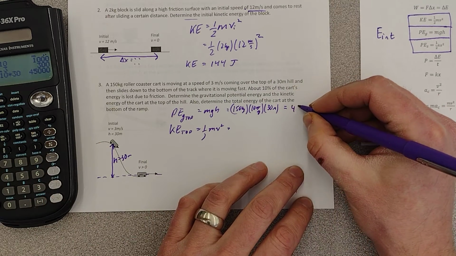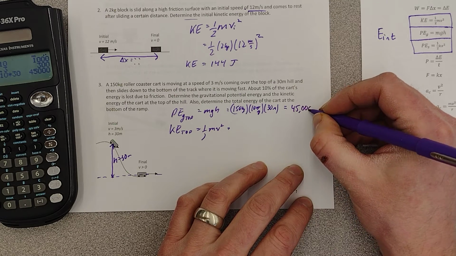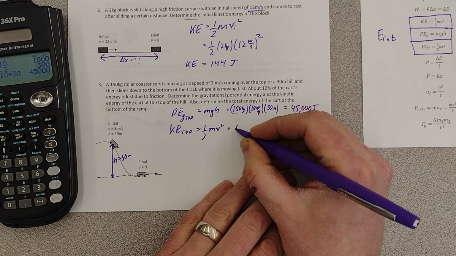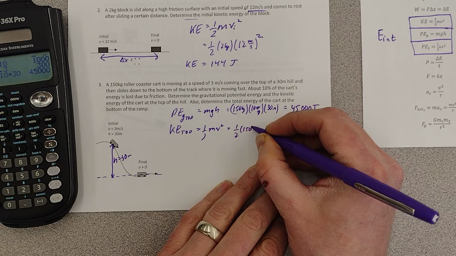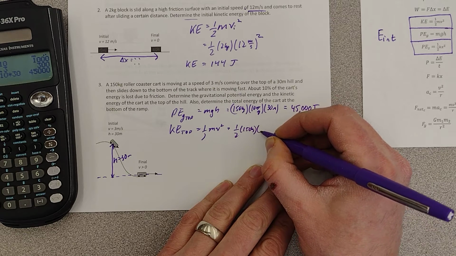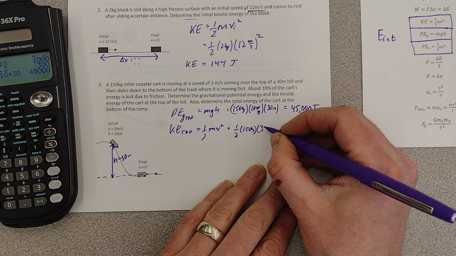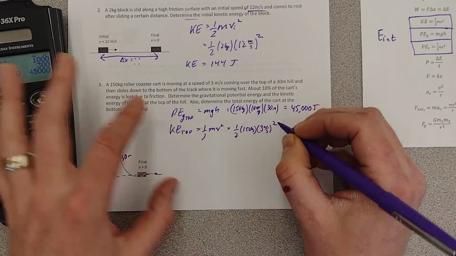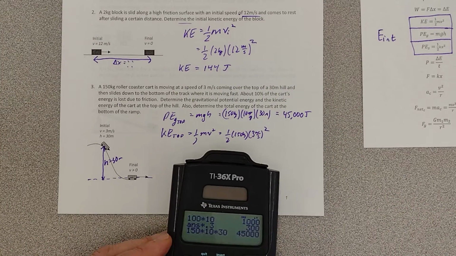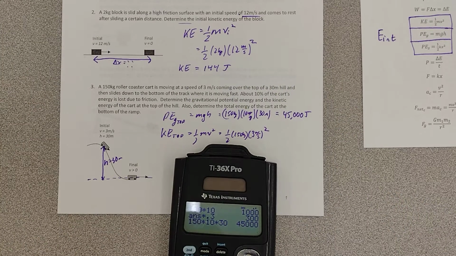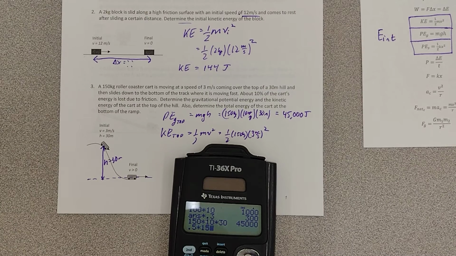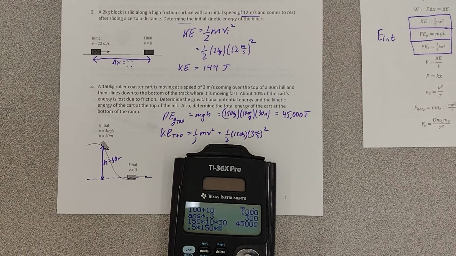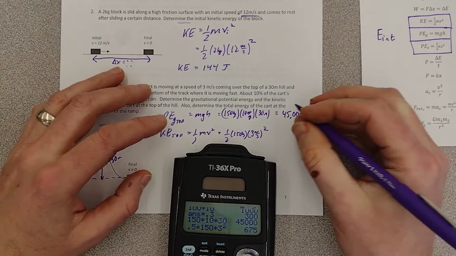That's 45,000 joules. Then 1/2 of 150 kilograms times v, 3 meters per second, squared. So that is 0.5 times 150 times 3 squared, 675.